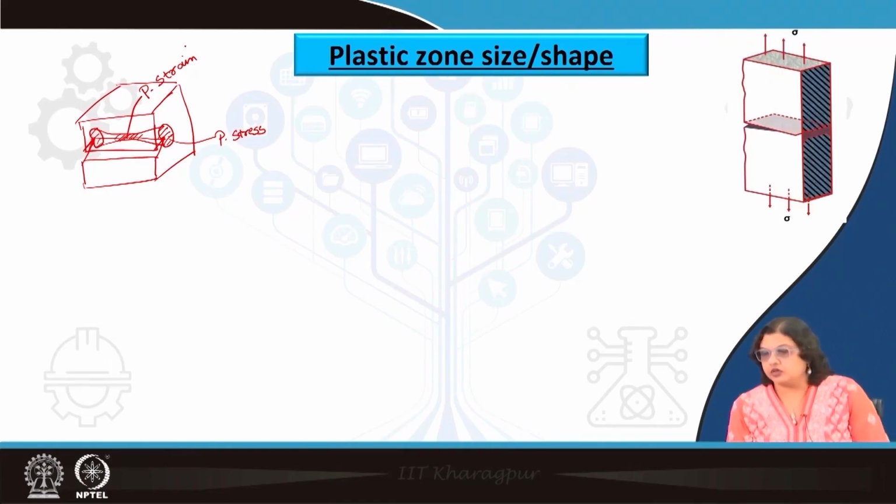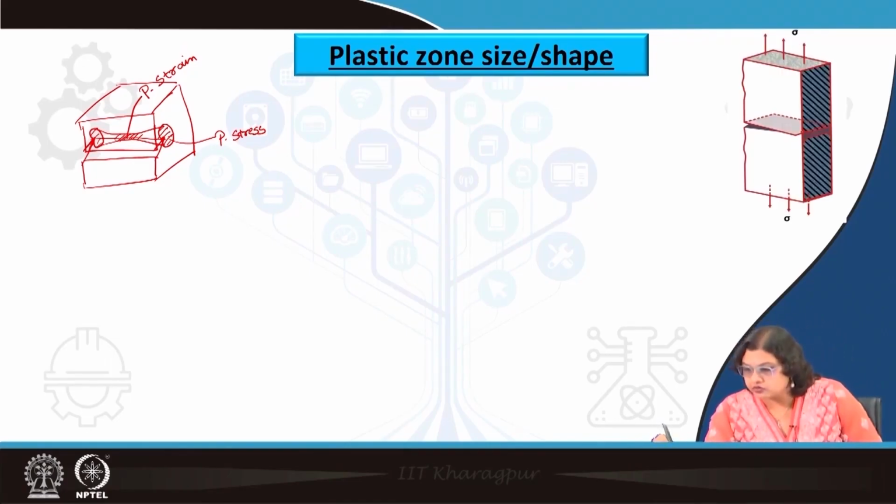Okay. So, this is how it looks like. You see this shaded part here is the plane stress part, and then the central part is plane strain again, and again near to the edges we are getting this enhanced plastic zone size. So, this is plane stress, and at the center we have plane strain.